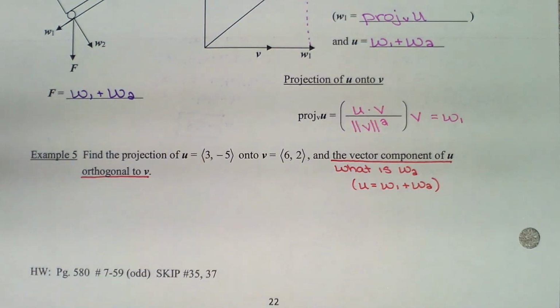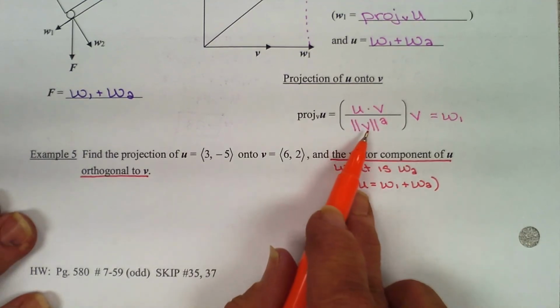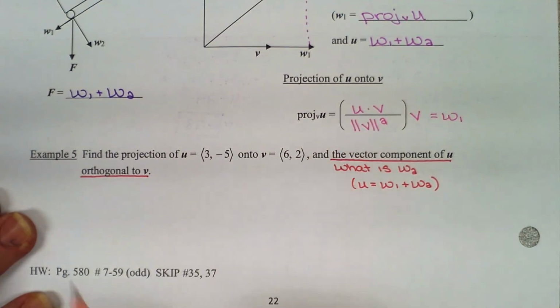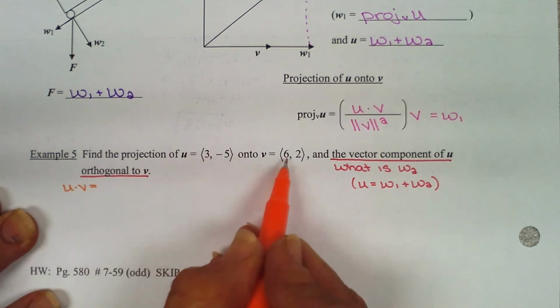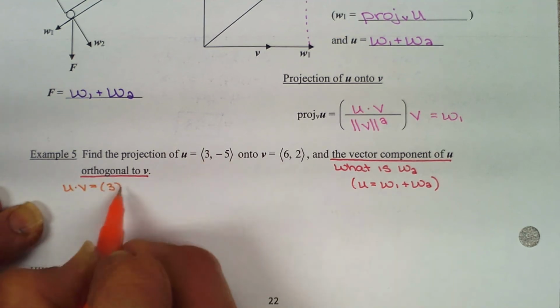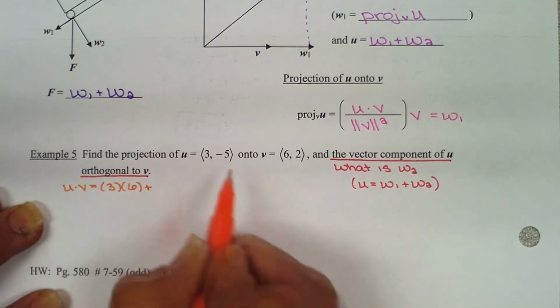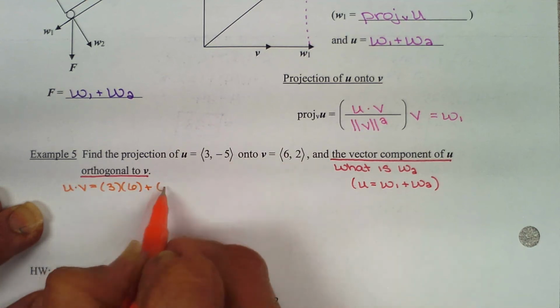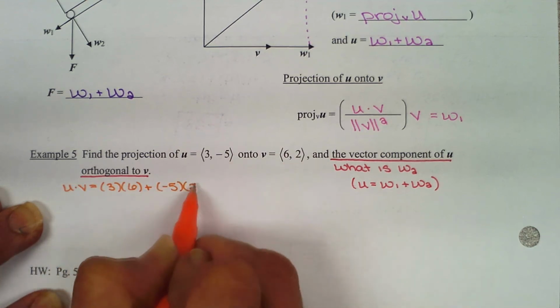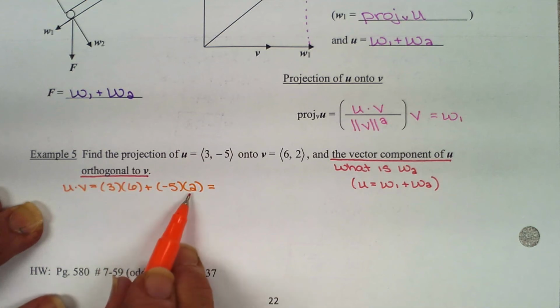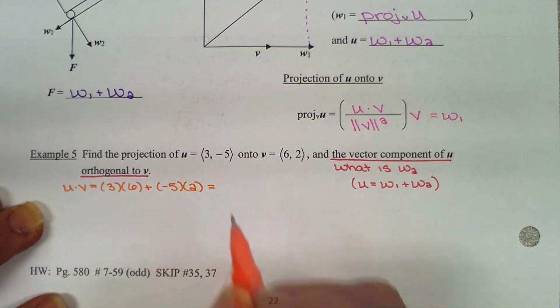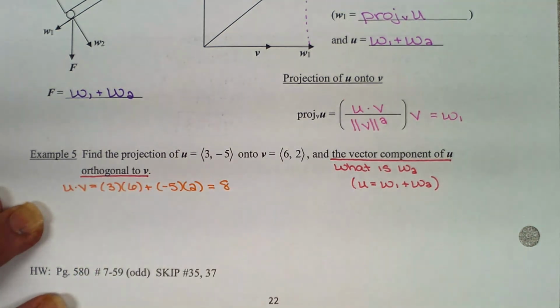First, let's find the projection of U onto V. That's this formula here. In order to find it, first we need to know what U dot V is. So U dot V is 3 times 6 plus -5 times 2. 3 times 6 is 18, -5 times 2 is -10, and 18 minus 10 is 8.